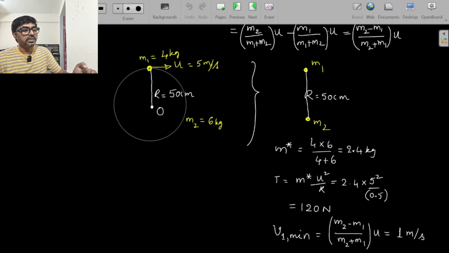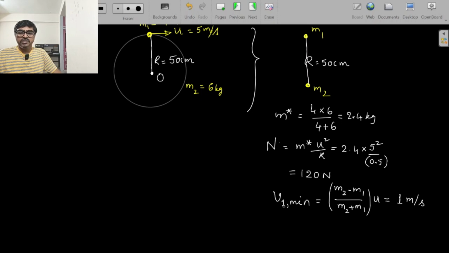Let me read that. So this is not T, this is going to be normal reaction, because what you have is a contact force here. So m star, we calculate reduced mass m1 m2 upon m1 plus m2, 4 kg, 6 kg they had given. U is given 5 meter per second. So this is like a few seconds question actually, if you know these results pretty well.